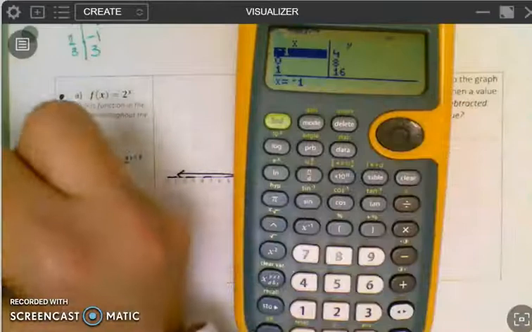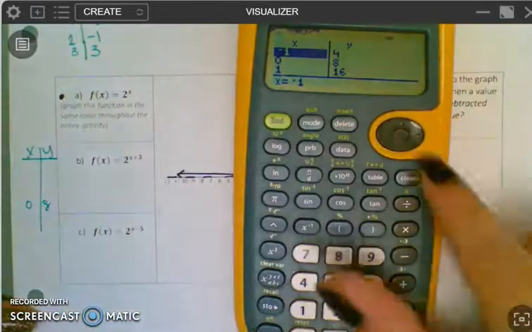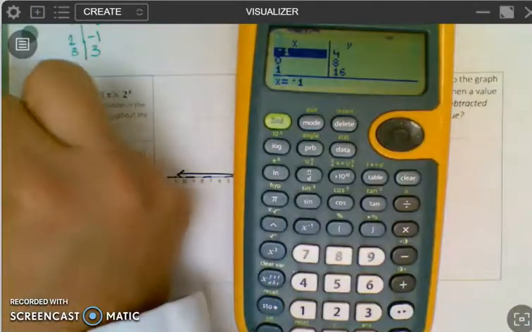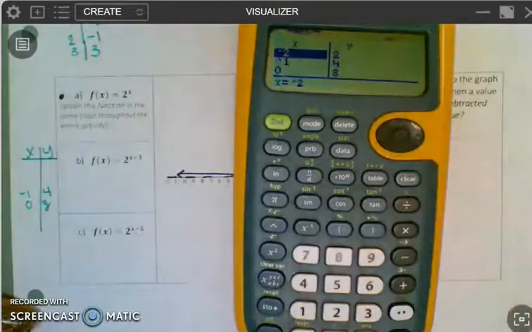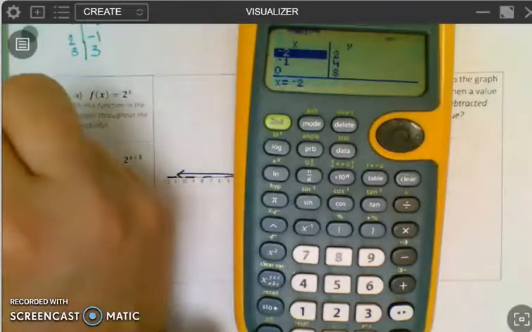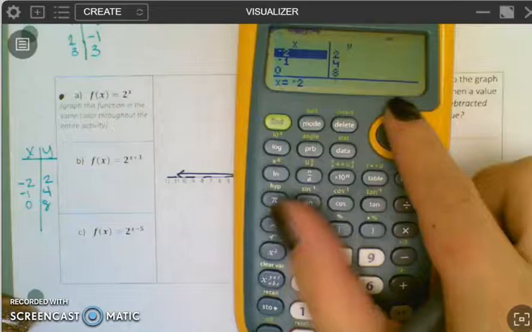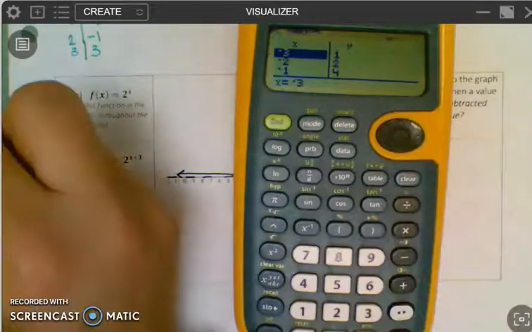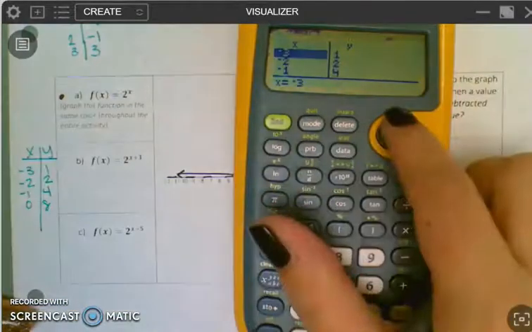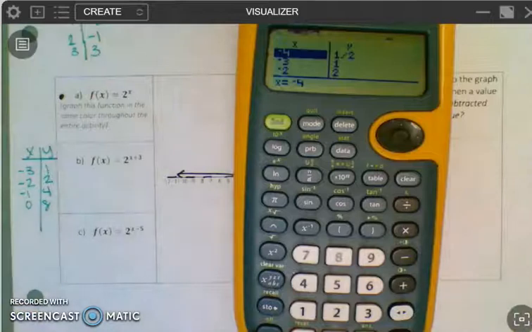Zero is 8, so I'm going to write that down. Negative 1 is 4. I'm just going to go up and keep writing the numbers going up because those look like viable options. Negative 3 is 1. And negative 4 is a half. I'm not actually going to graph a half though. So these are the 4 points I'm using.